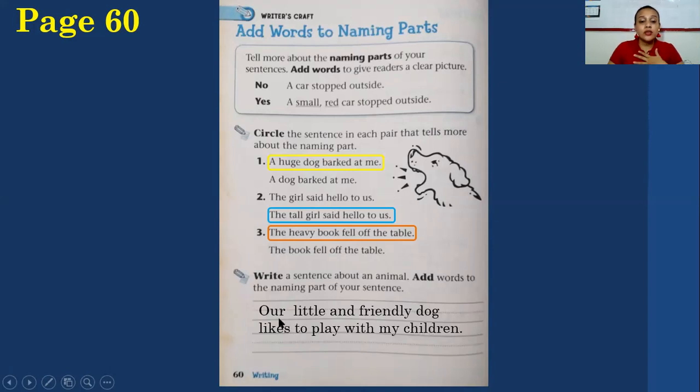Look, I could say our dog likes to play with my children. Yes, but it's not specific about the dog. And how is my dog? How can I describe my dog? Well, it is little and friendly. So when I add the words little and friendly, I am telling that my dog has these characteristics.